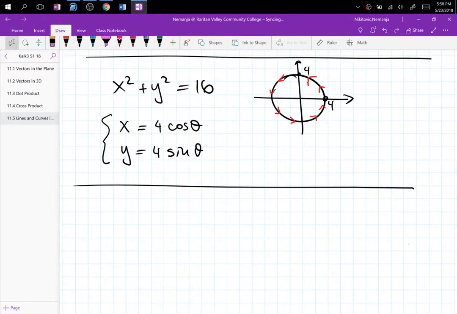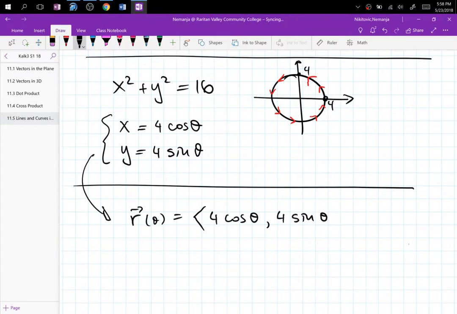So now we are going to take a look at this parametric set over here, and I'm going to put this in the vector form like this. So a parametric set, good old stuff from Chapter 10 of Calc 2, is now going to be placed into this.